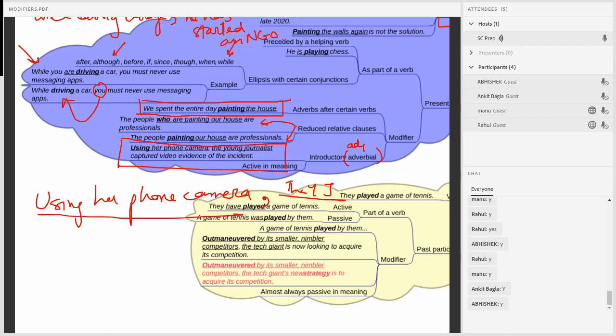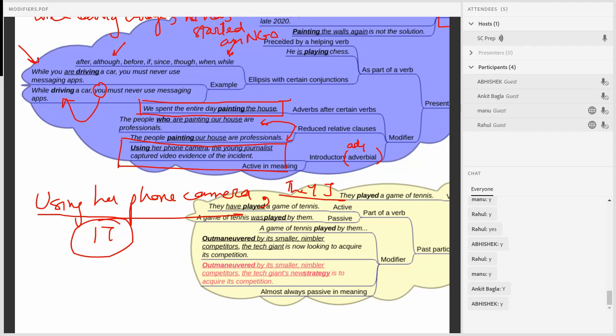We take this entire thing and try replacing it with "it." Remember, that was for checking whether the ing you're looking at is a noun or a gerund. So you replace the whole thing with it: "It, comma, the young journalist." Doesn't make sense.